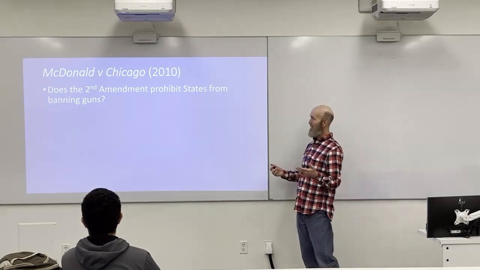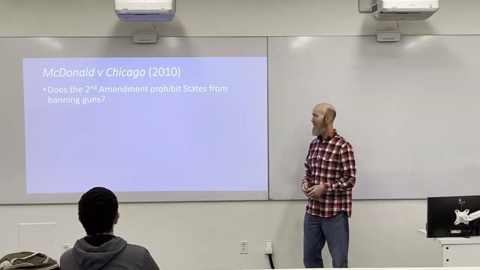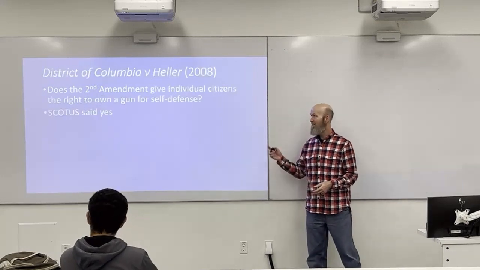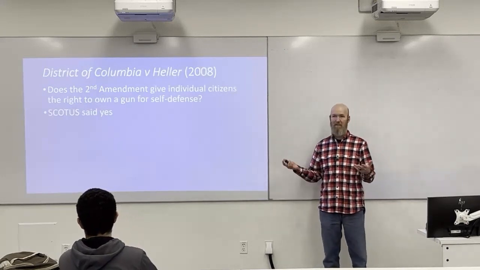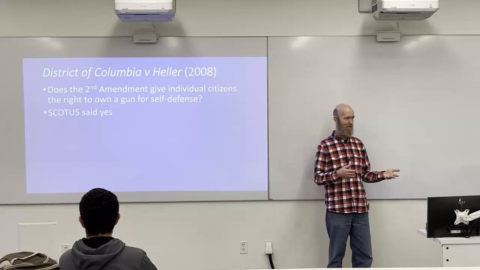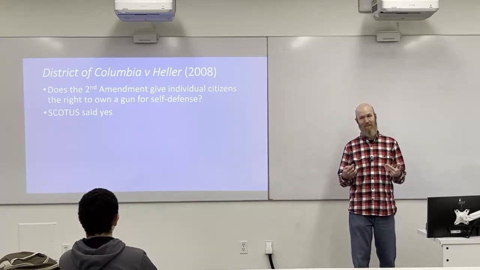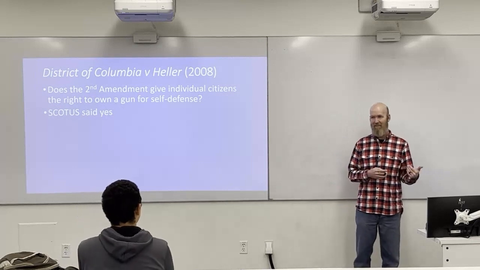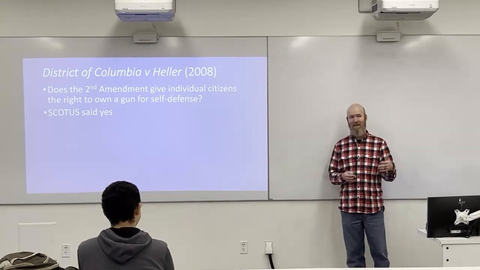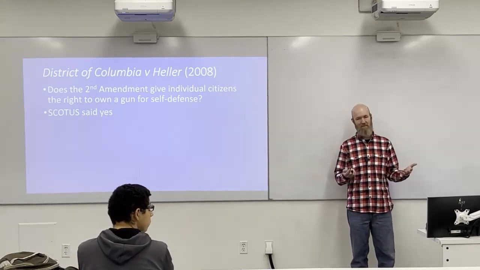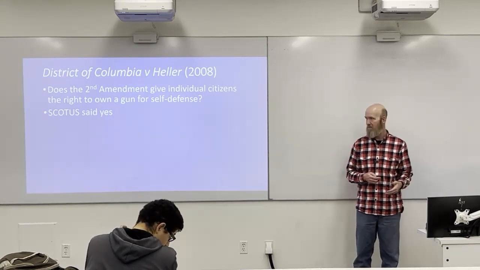Does the Second Amendment prohibit states from banning guns? Because the issue in District of Columbia is a federal government case, since the District of Columbia is federal jurisdiction. But remember, we talked about the incorporation doctrine. Not everything from the Bill of Rights automatically applies to states. The 14th Amendment says some things do.